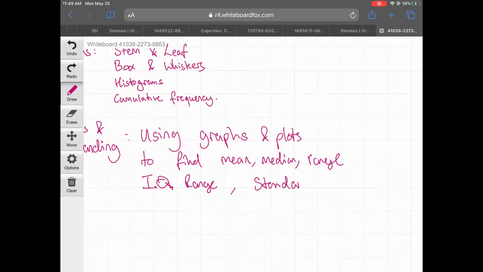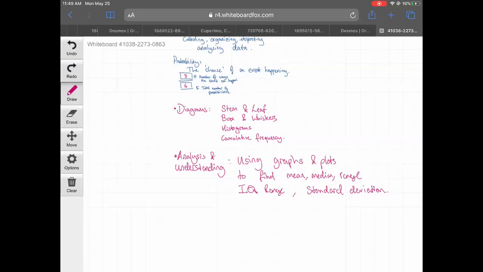So this is the analysis and understanding part of topic 1. So we need to know how to construct these diagrams, and then we need to know how to understand those diagrams. Basically, yeah.